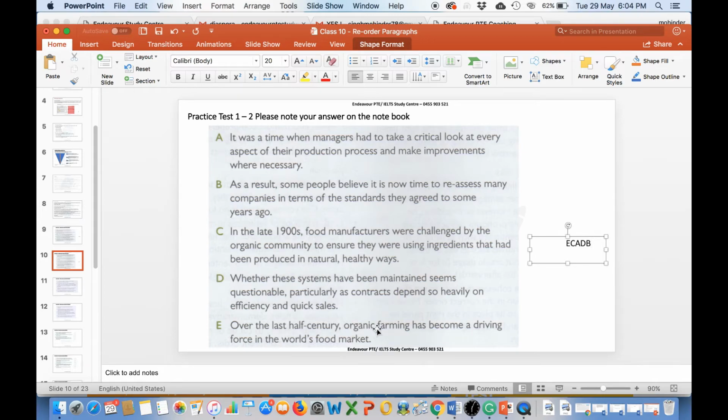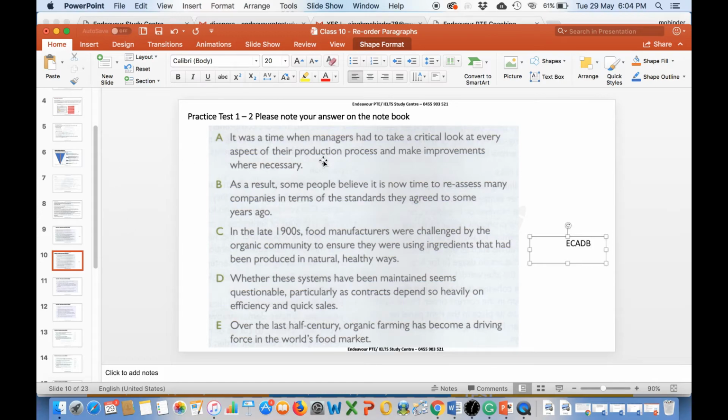After you have completed the order, you just read it from top to bottom and see if the information is flowing. Over the last half century, organic farming has become a driving force in the world's food market. In the late 1900s, food manufacturers were challenged by the organic community to ensure they were using ingredients that had been produced in natural, healthy ways.